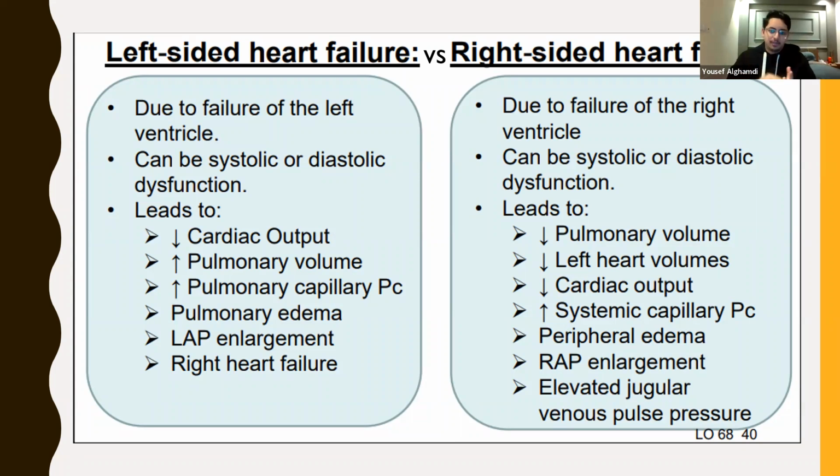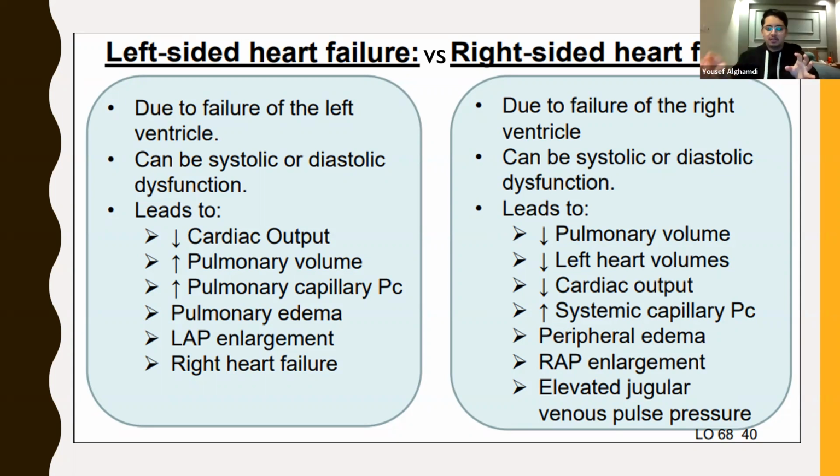Okay, so basically the left heart failure causes right heart failure, right? Because the blood backs into the lung, resulting in increased resistance for the right heart. So the blood that's in the lung, right? I think that makes sense. Okay, I'll just make it a bit clearer. So the right side of the heart pumps blood to the lung, right?